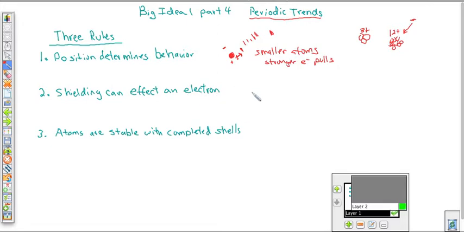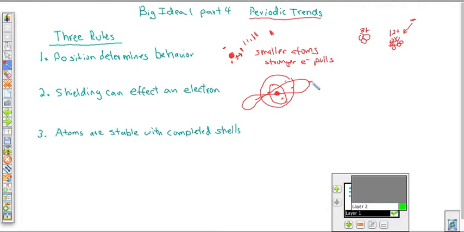Shielding is the idea where, let's say we have an atom like nitrogen. In nitrogen, your first energy level is going to have 2 electrons, and then your second energy level is going to have another 2 right here. So this is like the 1s, and then this is the 2s. Then in nitrogen you're going to have p orbitals as well, swinging around here.